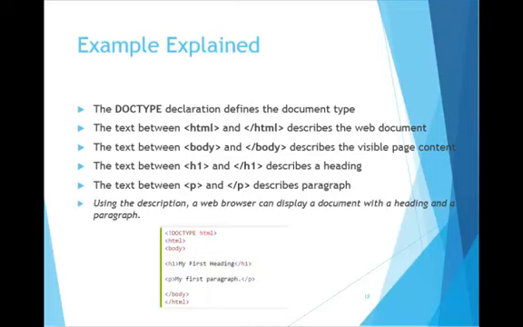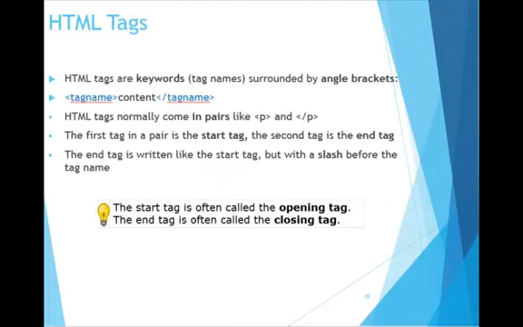The text between the html tags describes the web document, the text between the body tags describes the visual page content, and the text between the h1 tags describes a heading, whereas the text between the p tags describes a paragraph. Now, using the description, a web browser can display the document with a heading and a paragraph.